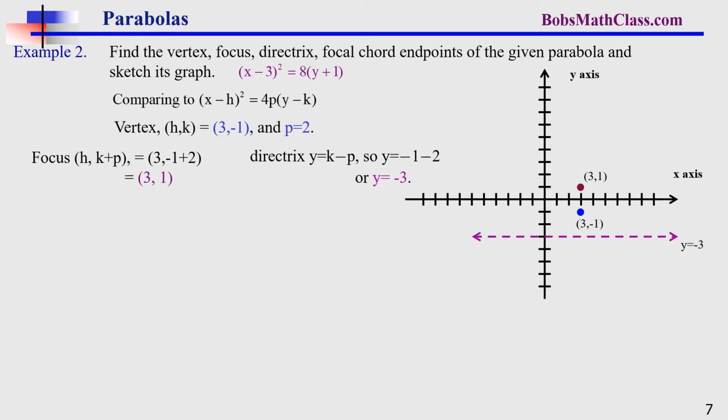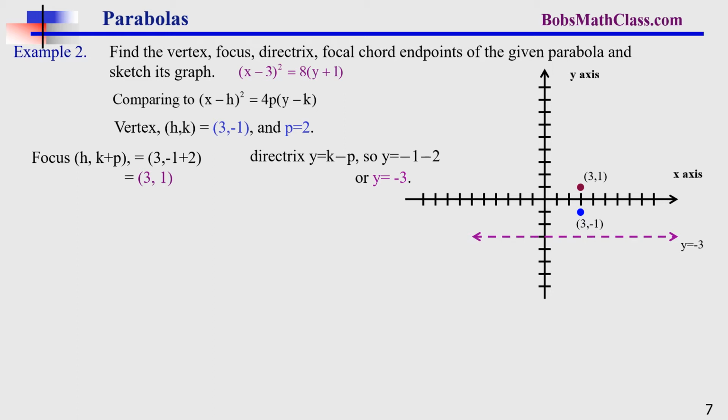That'll put you at negative 3, and then you draw a horizontal line, so that gives you y equals negative 3. Okay, if you use the formulas, the focus is (h, k plus p). So negative 1 plus 2, that gives you 1. And then the directrix is y equals k minus p, so y equals negative 1 minus 2, which is negative 3. I don't really like that. Just count 2. 2 up, 2 down.